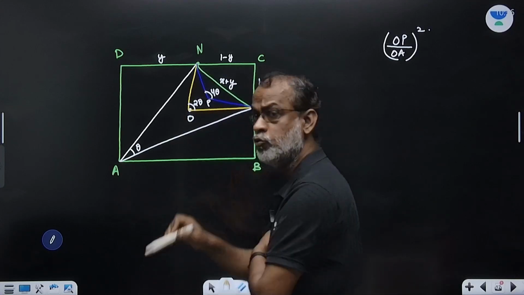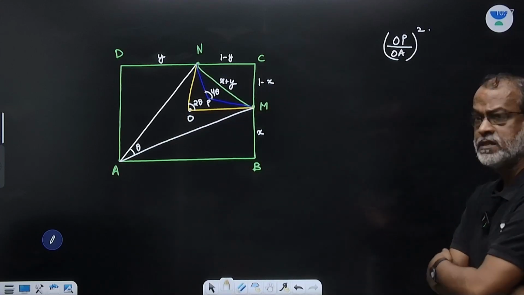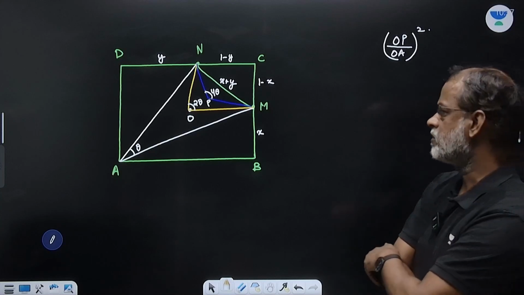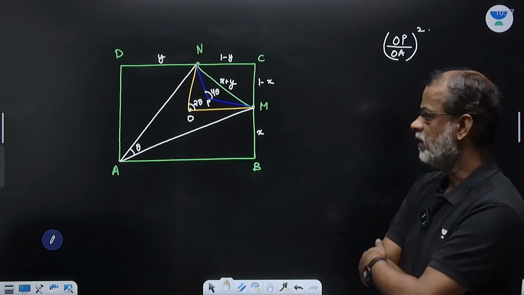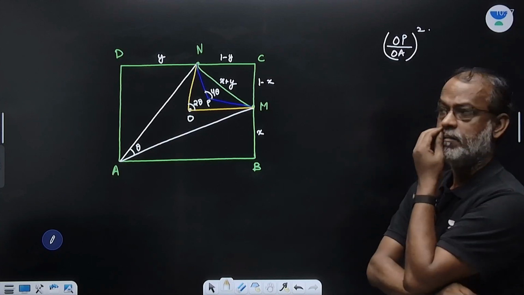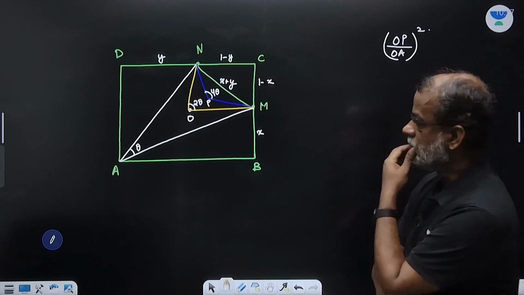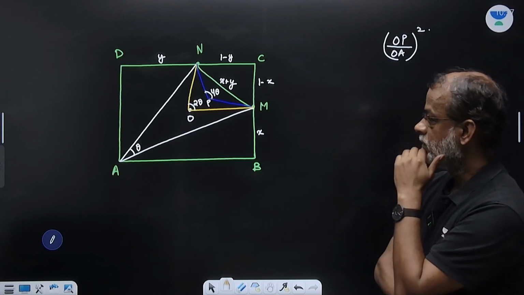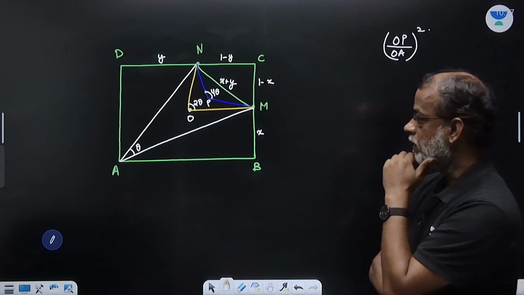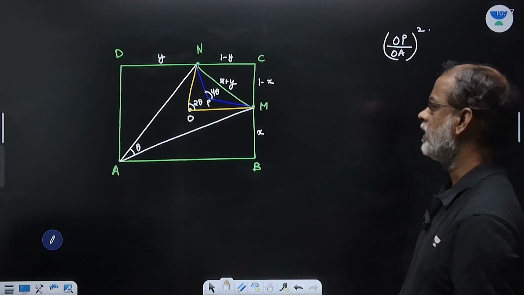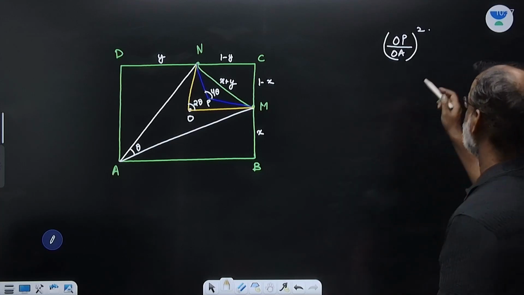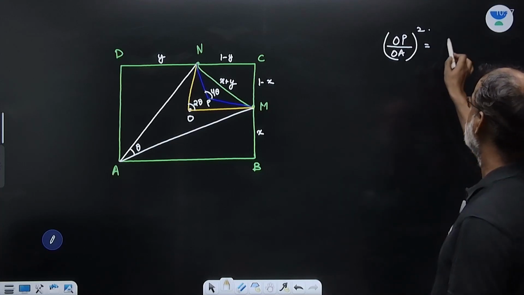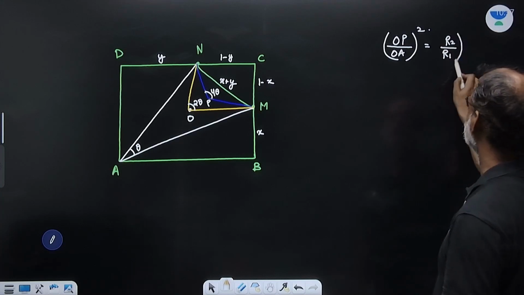So, drawing two circles would make this very cumbersome, so let us not get involved in it. I have already mentioned the angle theta. What we have to do is that these are circumradii only, na? OA. So let us say R2 by R1 whole square.